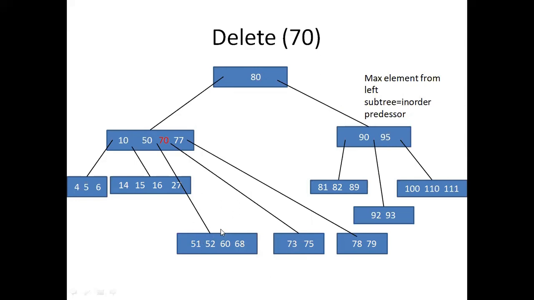So what will happen here? This 68, the maximum value from the predecessor, will get replaced with 70 and the rest of the tree will remain unaltered. So 68 has gone from this to this place. 70 has been deleted and this is the result of deletion of 70.